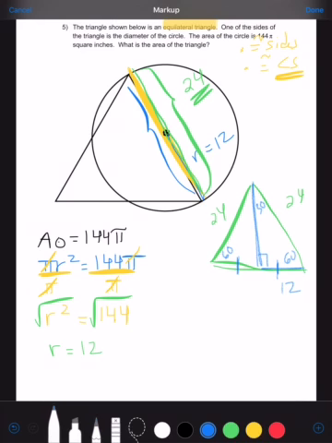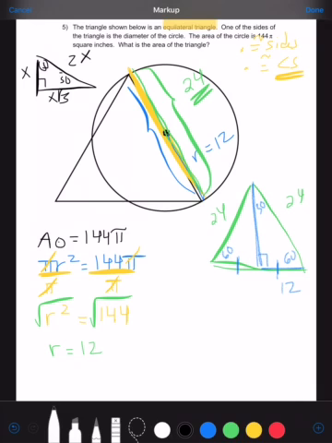Now, I'm going to write here the little formula for the 30, 60, 90. So this is 30 and this is 60, okay? We can barely see, but it's there. The side opposite to 30 is going to be x. The side opposite to 60 is x square root of 3. And the side opposite to 90 is 2x. It's okay if you don't remember.